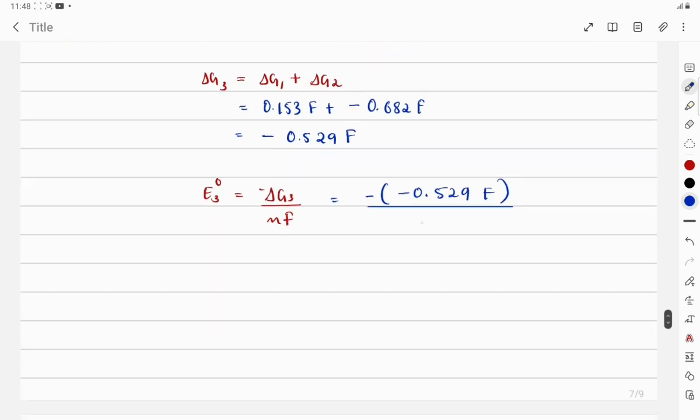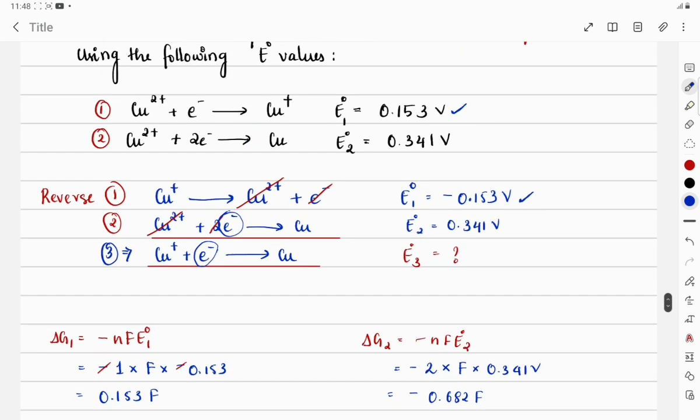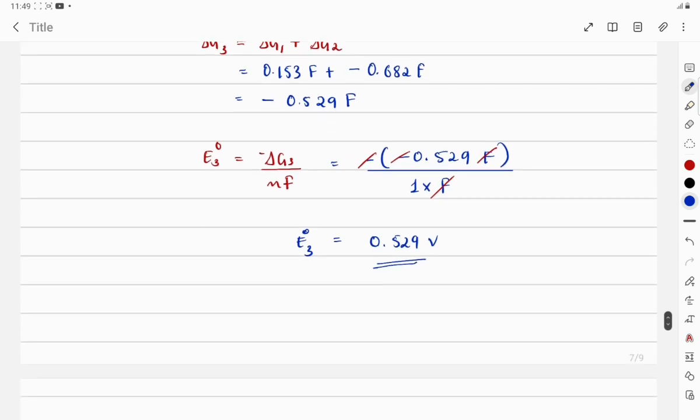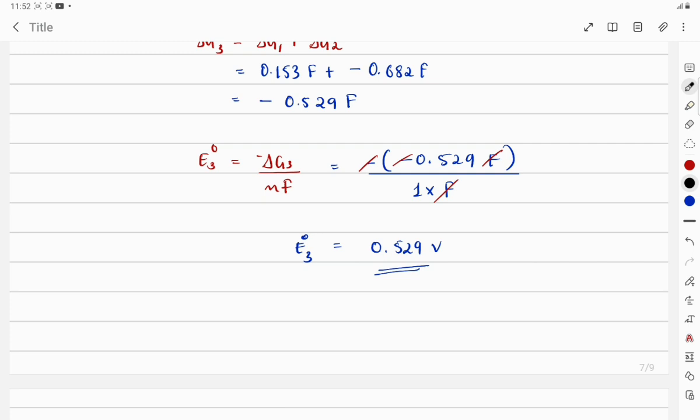So here n is equal to 1. 1 into F. Now we have two negative signs, cancel them. The Faradays cancel too. What we have left is the E03 value, which will be 0.529 volt. This is the E0 value for this particular reaction, the required reaction. The question was to calculate E0 for that process, and we have done that. So the final answer is 0.529. I hope that part is clear for you all.